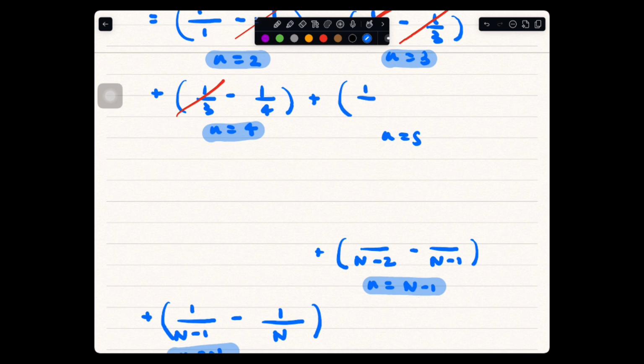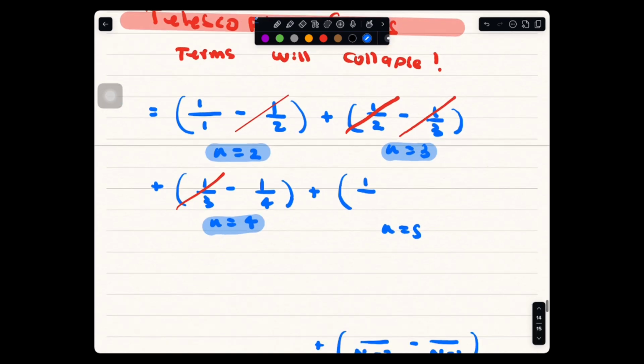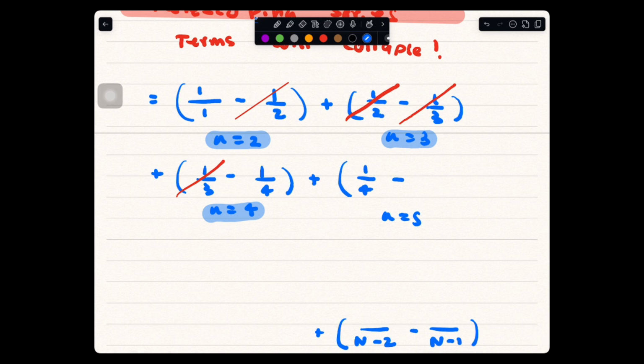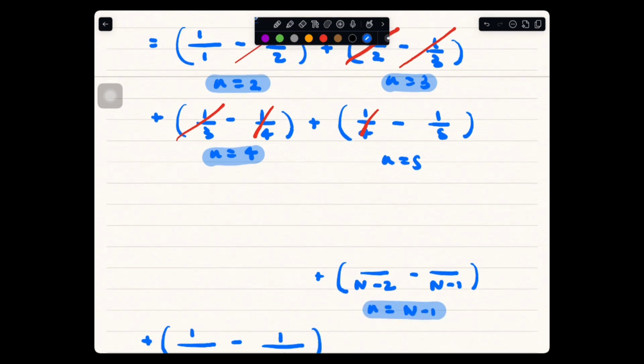Well, we would get n is 5, 1/4 minus 1/5. What's going to happen now again? The second term of the first pair will cancel with the first term of the second pair. And if I go back and look at n is 6 now, we're going to add this. That'll be 1/5 minus 1/6.